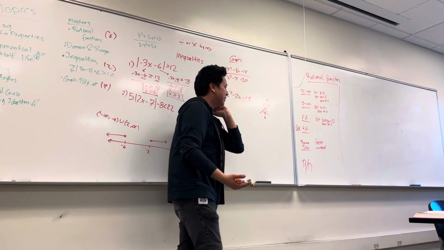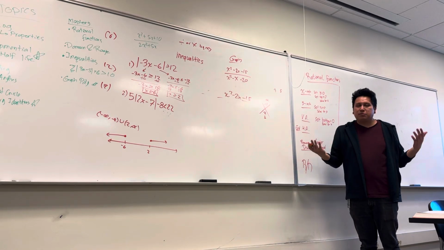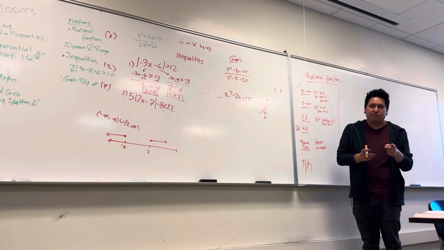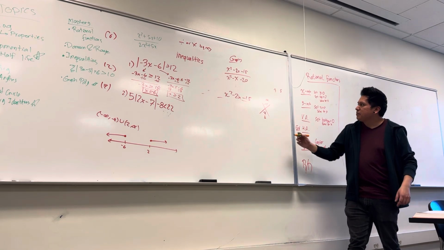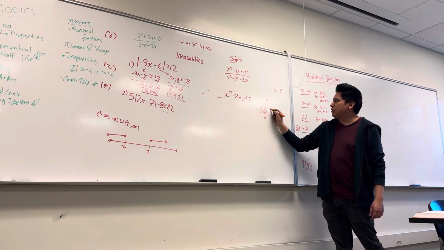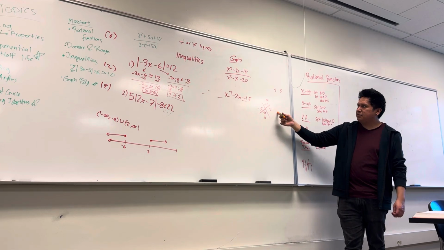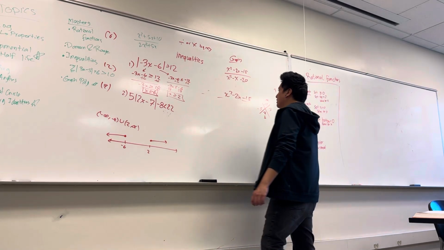If we're doing 3 and 5, which one has to be negative and which has to be positive for this case? Negative 5, positive 3. Do you guys see that? We can always check this, but we know that negative 5 times 3 is negative 15, and negative 5 plus 3 would be negative 2.